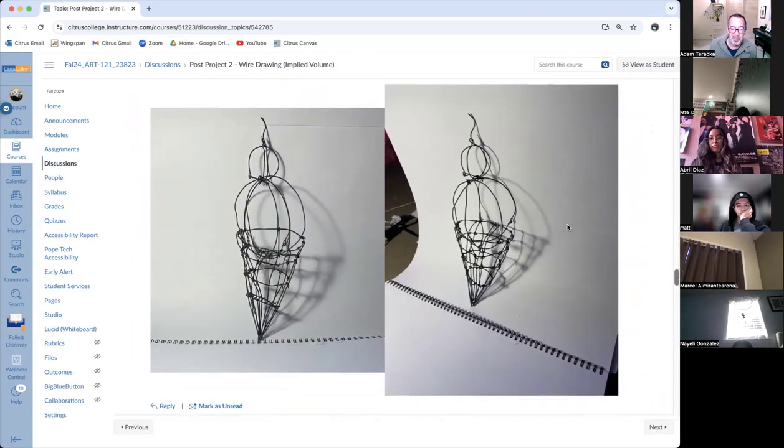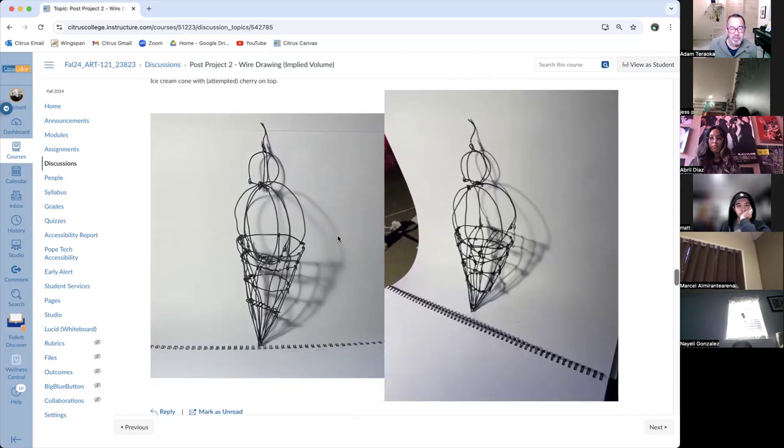On to the ice cream cone. All right. So we briefly, or no, we didn't talk. But on the progress check, I made a note that a waffle cone would make a perfect implied volume, right? Because a cone is kind of a volume.